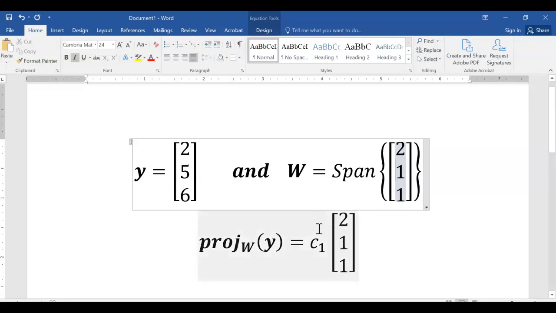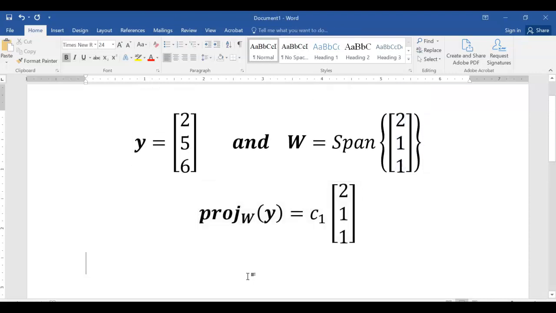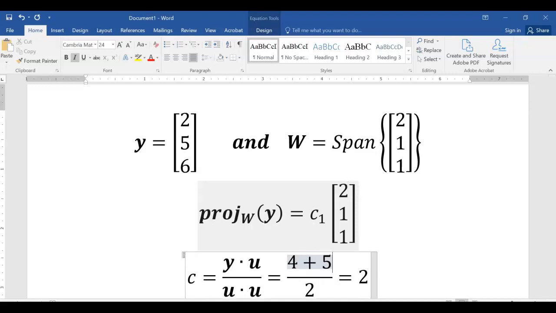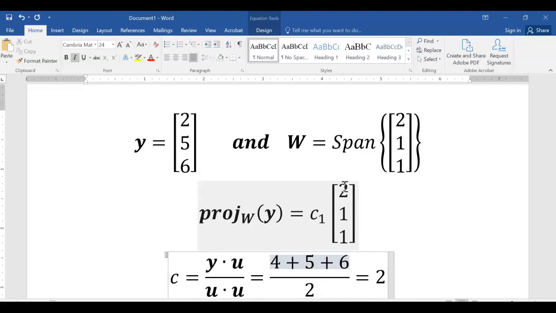So notice that this is exactly what we did before. In order to find that coefficient, it's just going to be the inner product of y with this vector (2, 1, 1). By the way, if you do that, 2 times 2 is 4, 5 times 1 is 5, 6 times 1 is 6.